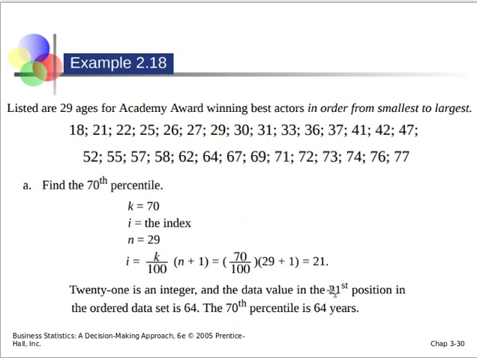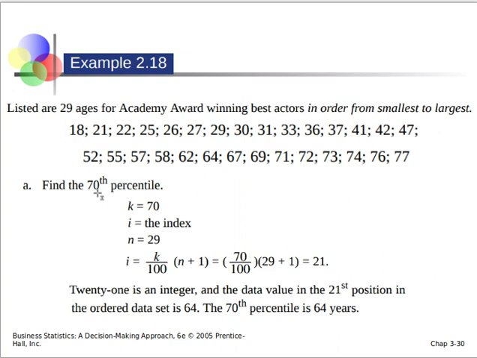Let's count the 21st position down. 1, 2, 3, 4, 5, 6, 7, 8, 9, 10, 11, 12, 13, 14, 15, 16, 17, 18, 19, 20, 21. 21 is 64 years old. Okay? It's the 70th percentile.